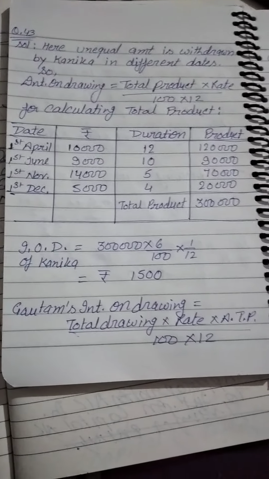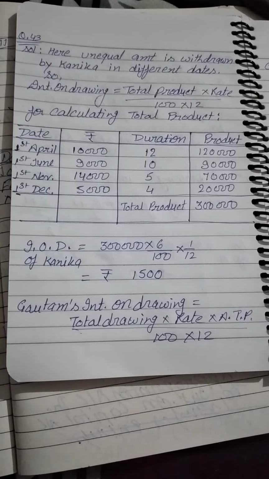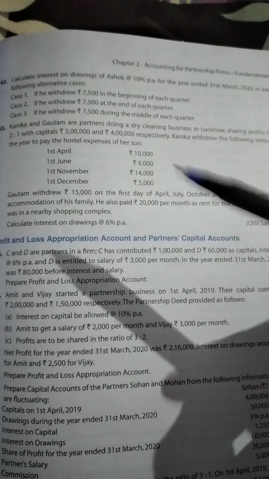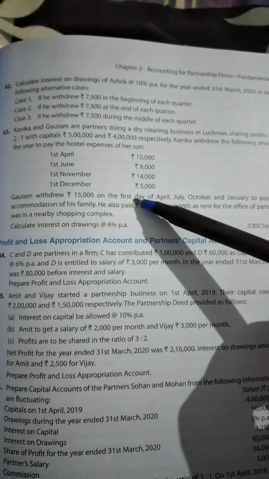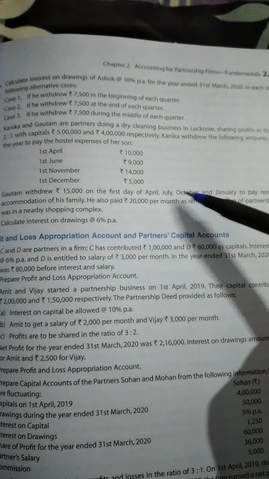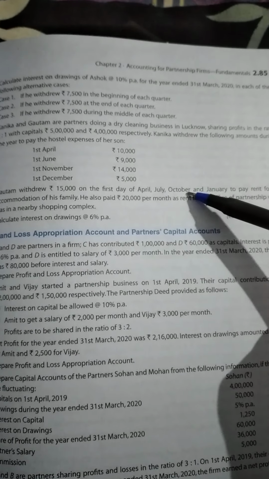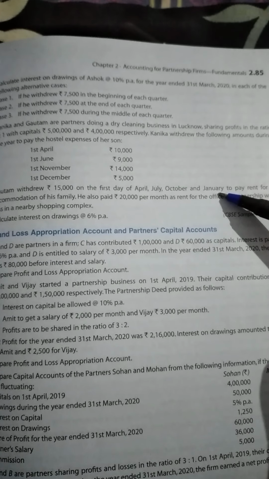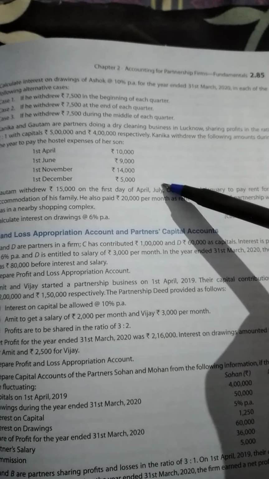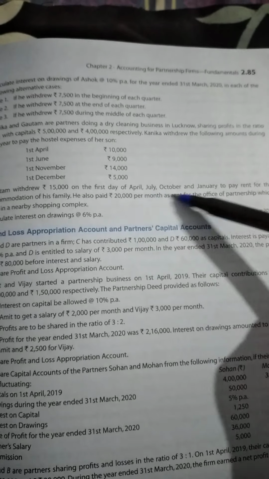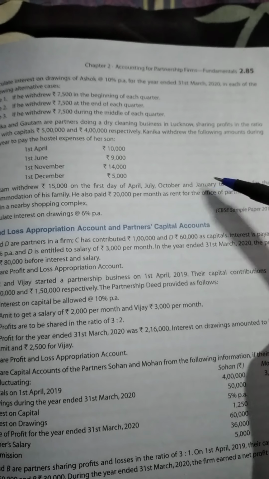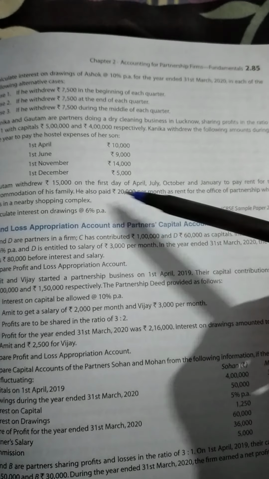But in the same question, the second partner is Gautam. Gautam withdrew rupees 15,000 on the first day of April, July, October and January. April to July 3 months, July to October 3 months, October to January 3 months, January to March, that is 3 months. It means he withdrew at the beginning of each quarter.